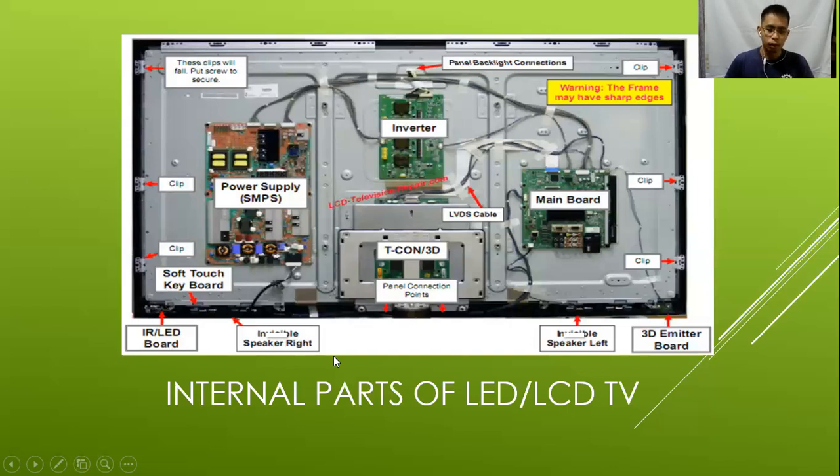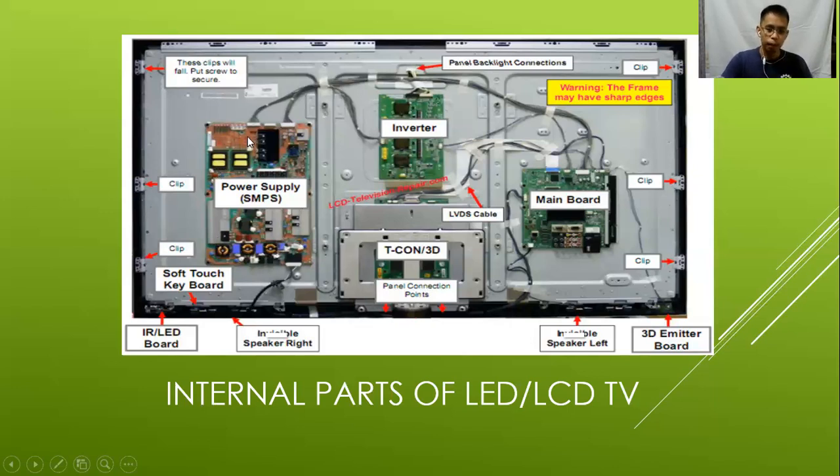Okay, in every television, there is a power supply. Before the power supply, we have a male plug and AC line cord. Next to that is the SMPS or the switch mode power supply circuit or module. We call this a circuit or module because it is in one circuitry or one package.